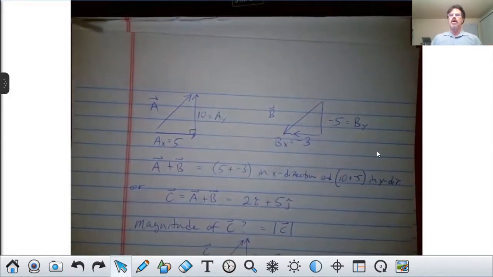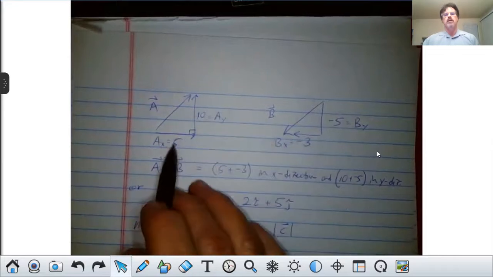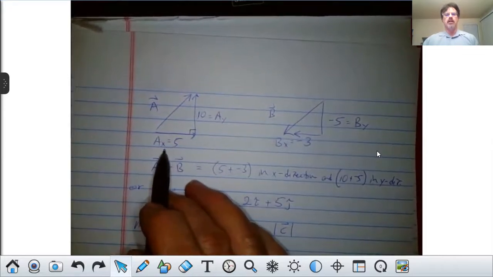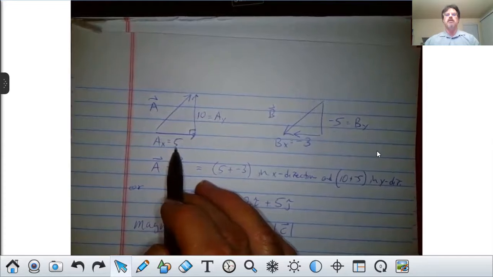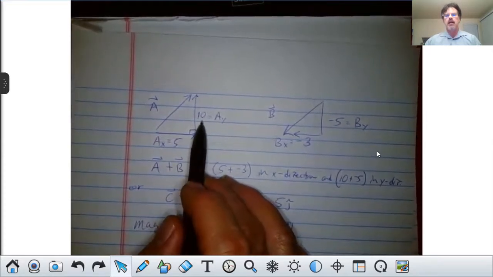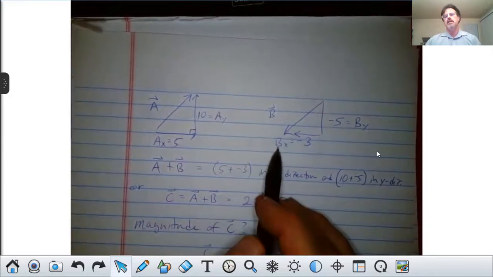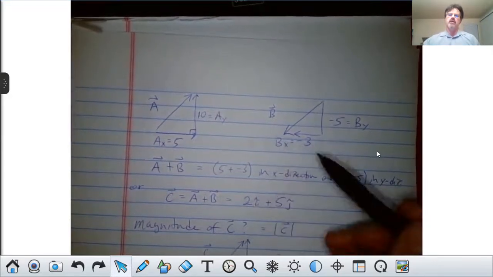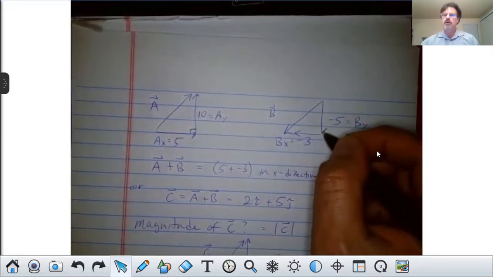It's kind of like making a right triangle with the vector as the hypotenuse. Now, this x component, I label ax, is 5 units long. If it's a velocity, it would be 5 meters per second, whereas ay is 10. All right, and I've got a second vector here, B, and it has an x component of -3, right, because it's kind of going this way, and a y component of -5.